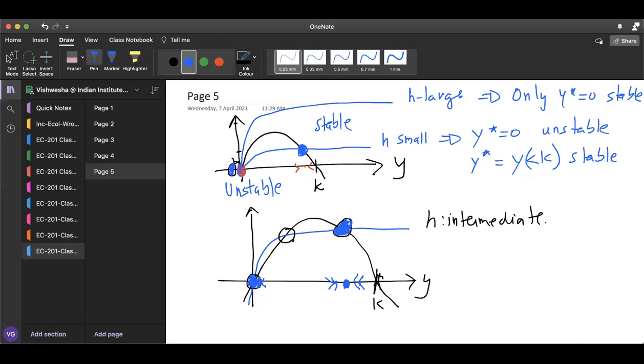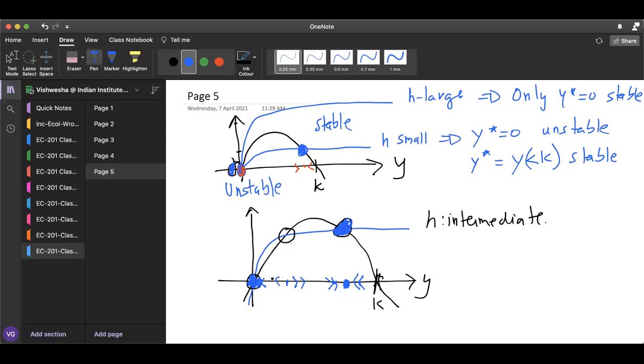What about the intermediate? Can this also be stable? So let's look at what happens here again. This is the equilibrium. I made a small perturbation. So the logistic growth here is more than the harvesting. So what would it mean? A perturbation made to the right has a positive growth rate. So therefore, the perturbation will just grow. On the other hand, if I made a perturbation to the left side of this, the harvesting is more than the logistic growth, which means there's a negative growth rate here.